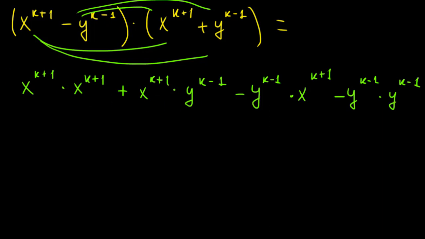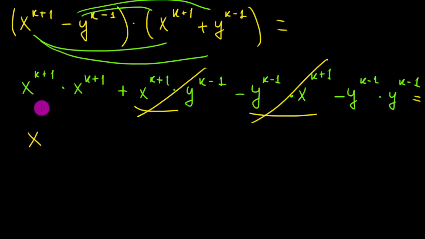So let's see, what do we have here? If you look here, these two are the same, but they have opposite signs. That's why they are cancelled. And then you have only these two. Here what do you do? The powers are added, k plus 1 plus k plus 1, minus y.